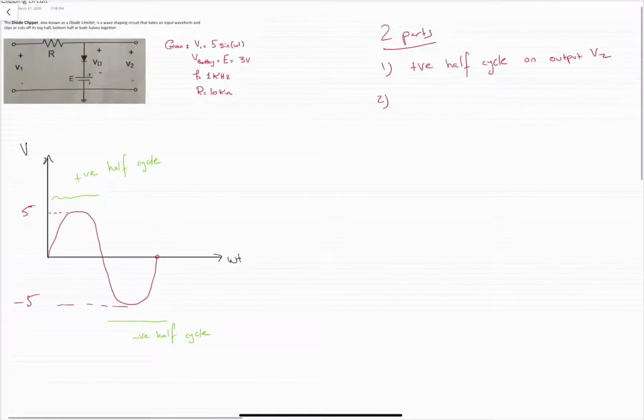The second part will be the effect of the negative half cycle on output V2. I will start by drawing the circuit.